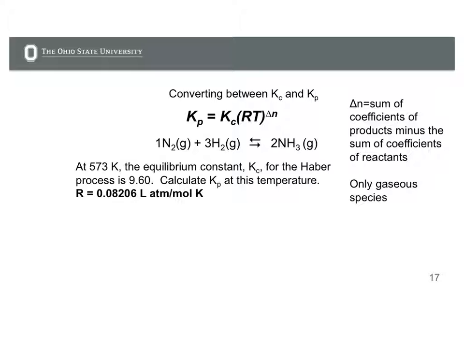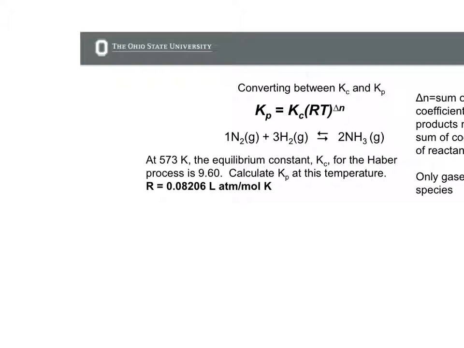So I mentioned last time that typically we're looking at equilibrium constant expressions in terms of molarity, and that's our K sub C. But sometimes we use partial pressures as well for our equilibrium expressions.